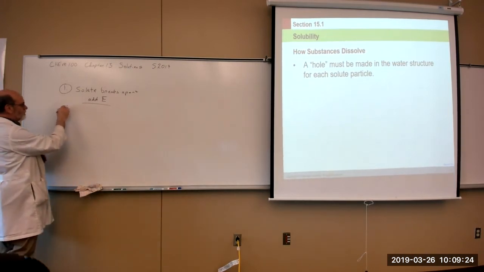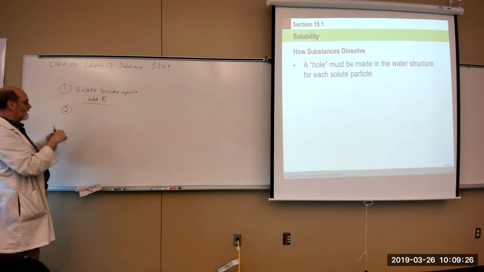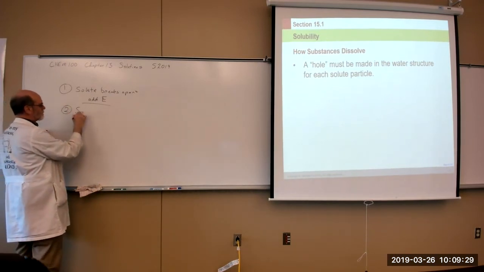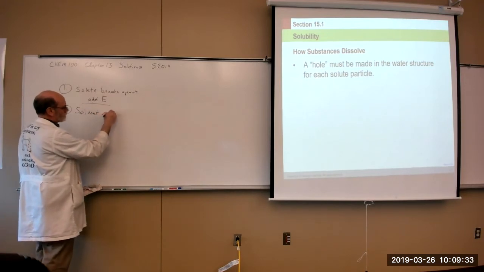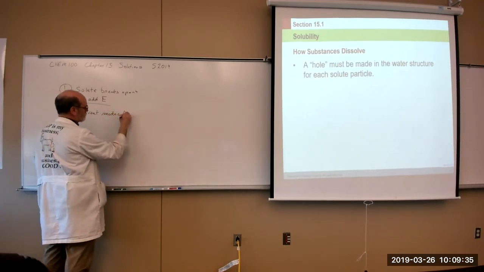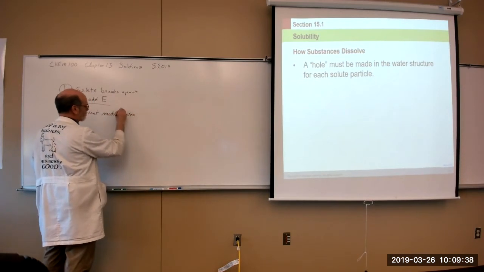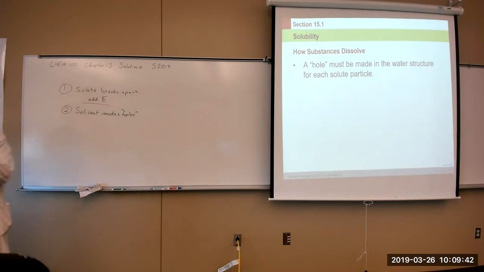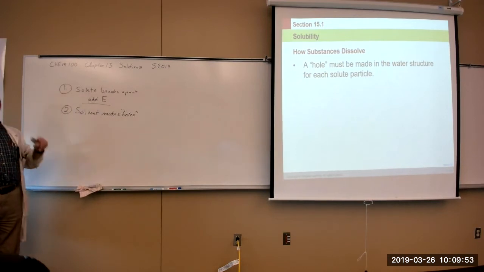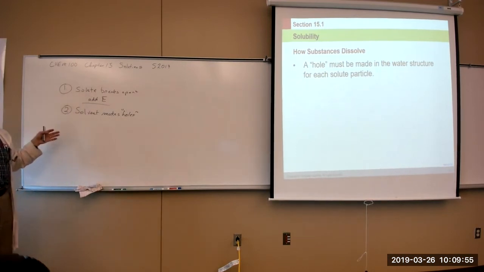Right? So for that step, you have to add energy. For the second step, simultaneously, the solvent makes holes to accommodate the solute. So you got to break the bonds that are holding the solvent together, like the water molecules attract one another. So you add energy, so you can bring them apart and make room for the solute to get in there. Okay, that's step one and step two.